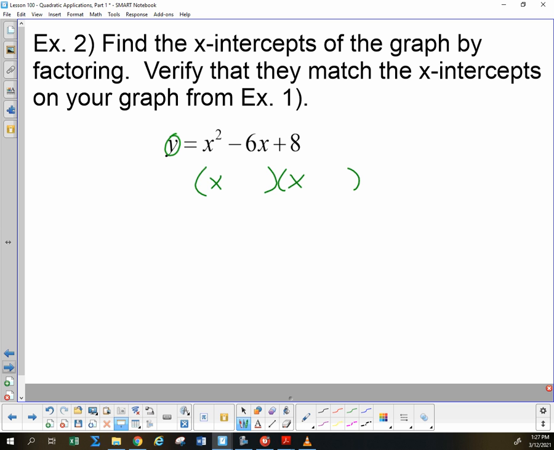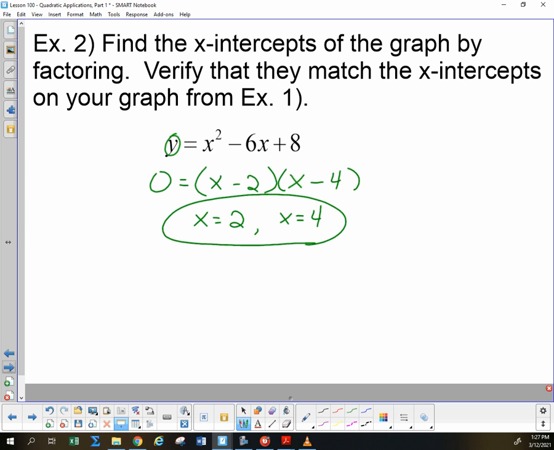So if we do minus 4 and minus 2, that would indeed mean x is 2 and x is 4, the very same x values that we got for our x-intercepts in example 1. So remember, x-intercepts, roots, solutions, and on the calculator, we know that the Inspire calculator calls those zeros.